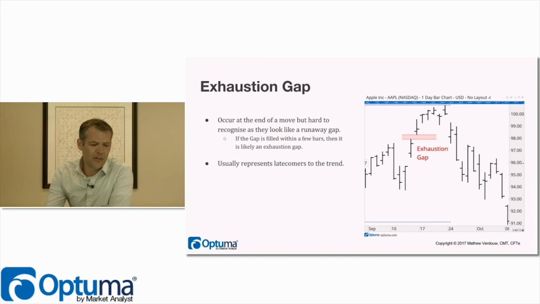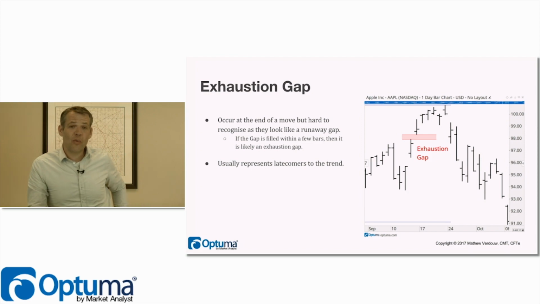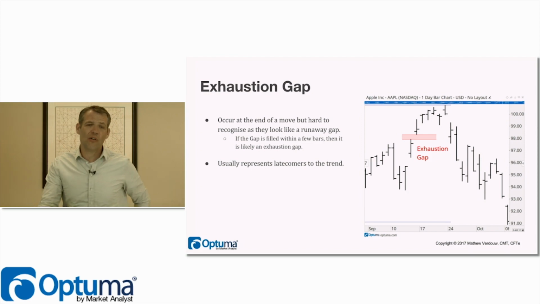Exhaustion gap is the next one here. This usually happens at the end of a move, and it looks like a runaway, and when it first happens, you're not really sure whether it's exhaustion or runaway, but typically it's going to get filled within a few days to a week, and then you know that, yep, that was an exhaustion gap. And so, typically this is the latecomers coming in.